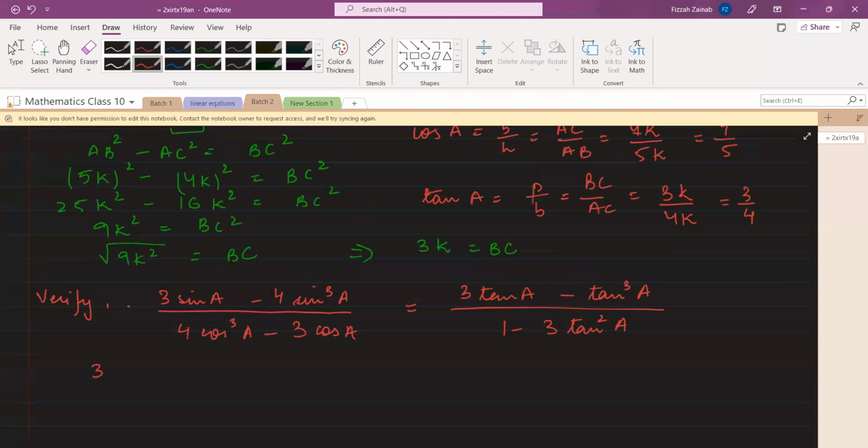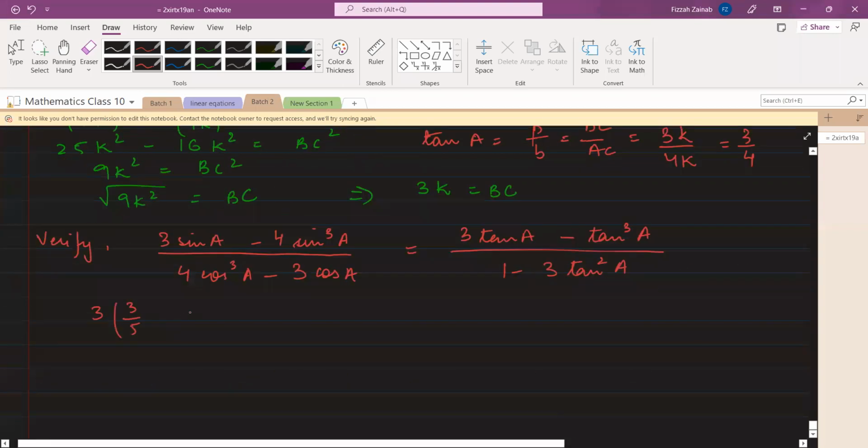So 3 into 3 by 5 minus 4 into 3 by 5 whole cube and then divided by, okay, let's do separately. So I'm doing LHS and then divided by 4 into, what was cos? 4 by 5. 4 by 5 whole cube minus 3 into 4 by 5.